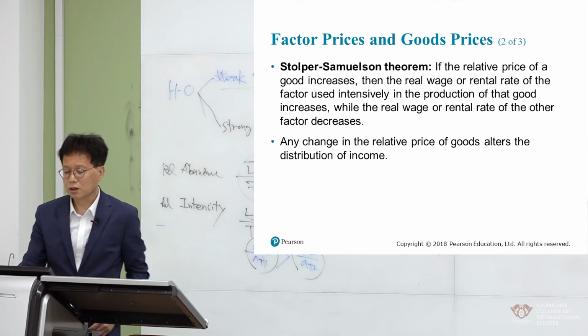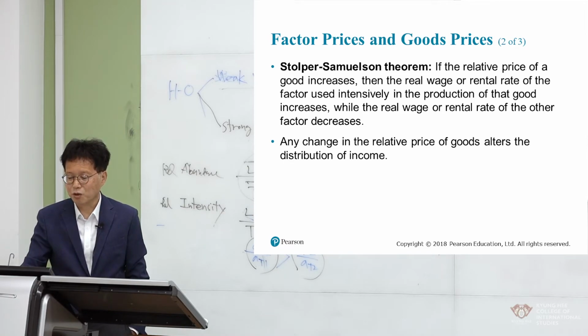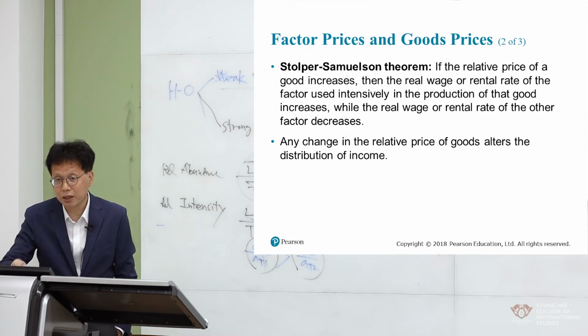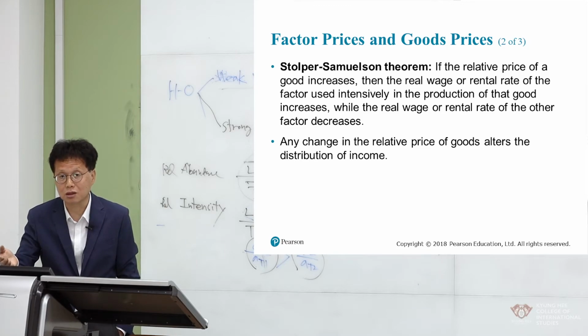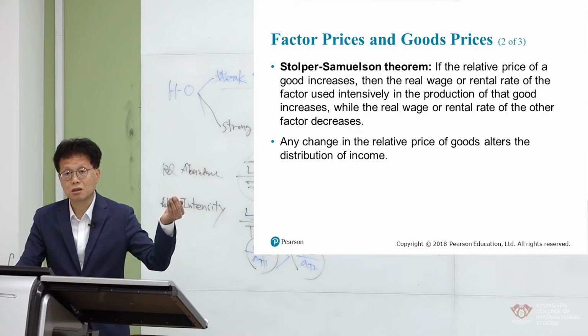Okay? The Stolper-Samuelson theorem. That is an important theorem of the price version of the factor model, right? If the relative price of a good increases after trade, the relative price of the comparative advantage good would increase. In the case of Korea, P1 over P2 increases. Then what happened? The real wage of the factor used intensively in the production of Q1 increases.